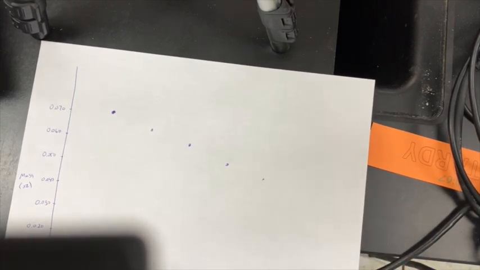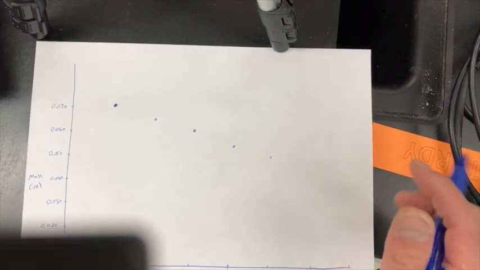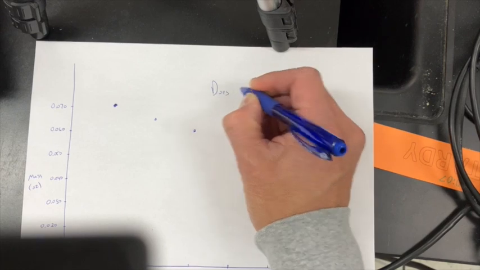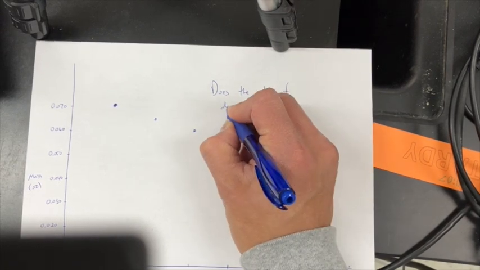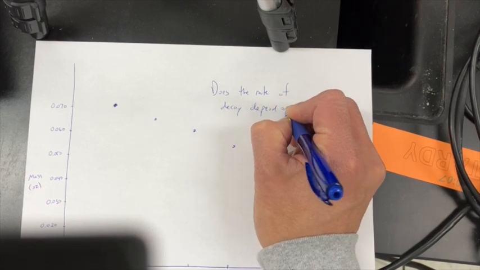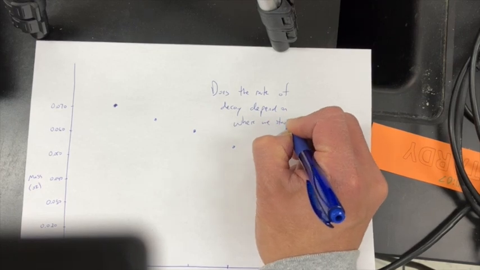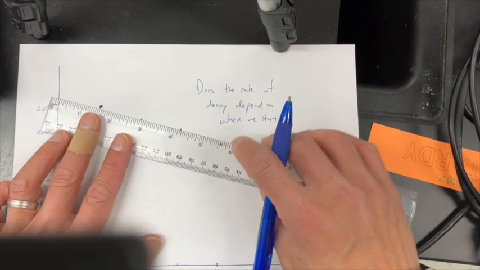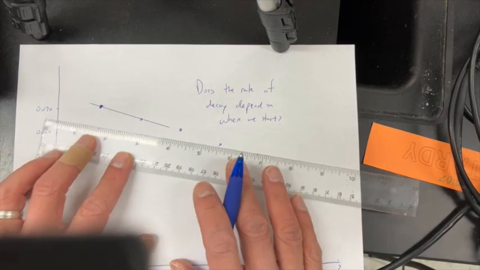Does this rate, the rate of decay, depend on where we start? And let's take a look. Well, if I look at these 2 points here, I have that rate.